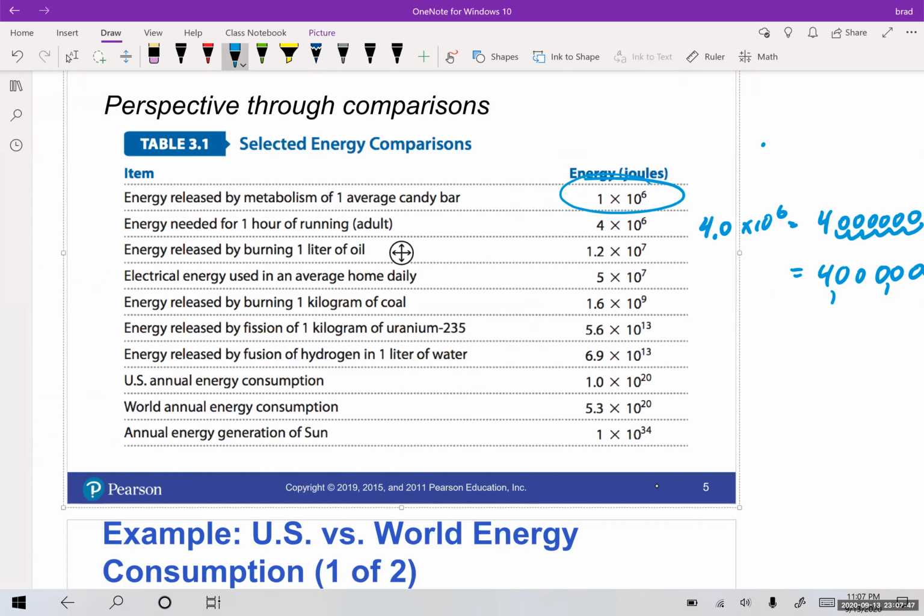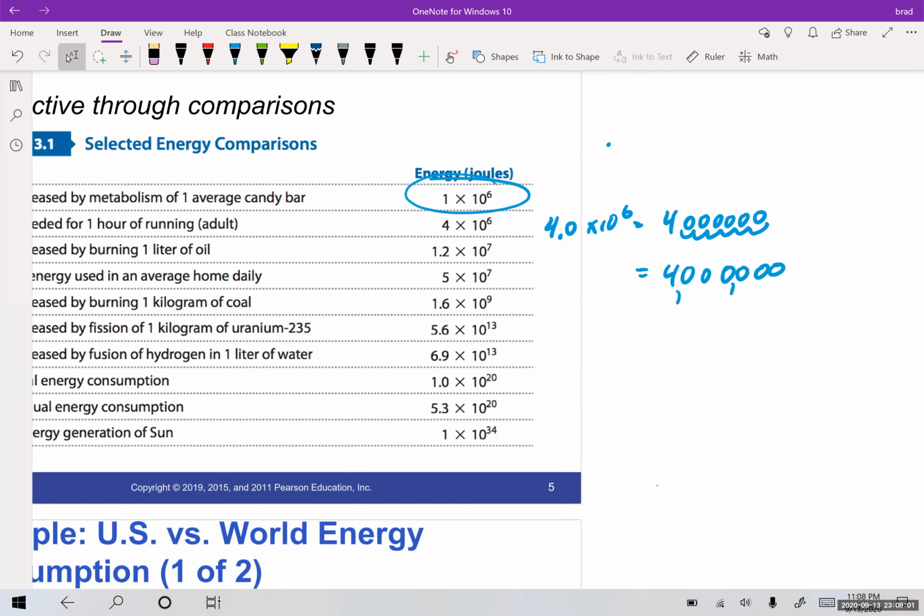This sounds a little bit off to me. It just sounds like way too much, but I haven't taken physics in a while, and 4 million joules sounds like a lot to run for an hour. So I'll have to look at that again.